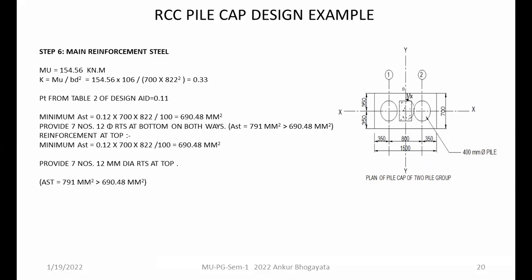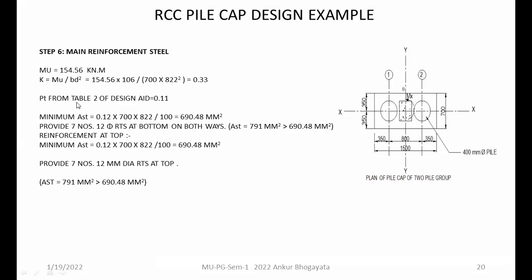And then the calculation comes for the main reinforcement. So here the design aid can be utilized for obtaining the amount of steel, and for that you have all the values already calculated. Based on that, you have to obtain the constant values K and PT, percentage steel.